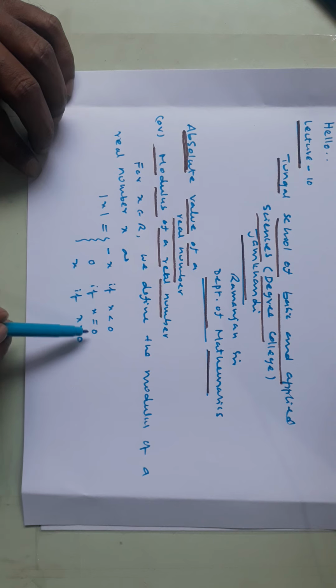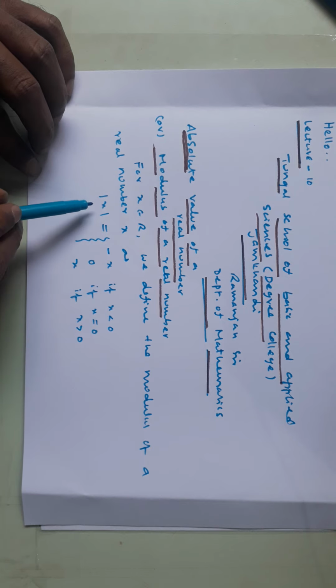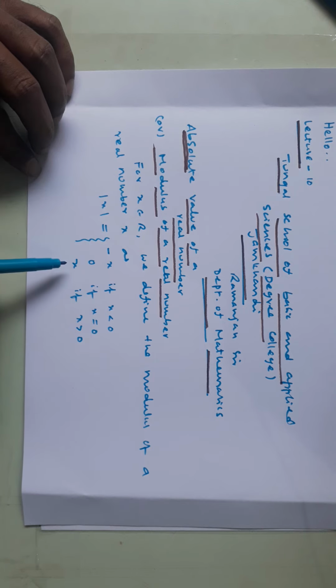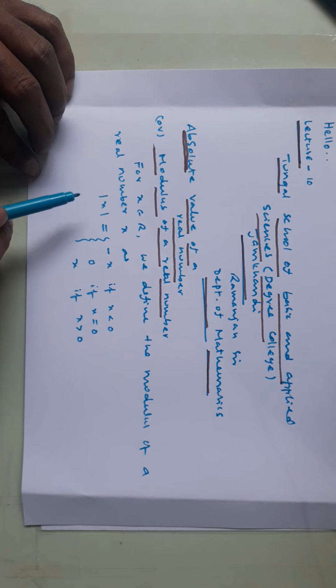Next, x is equal to 0 means mod 0 is equal to 0. For x greater than 0, the positive values, suppose mod 2 is equal to 2 itself. Like that, we define the modulus of x to always be positive. It is denoted by mod x.